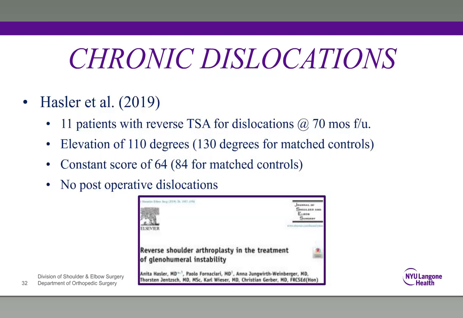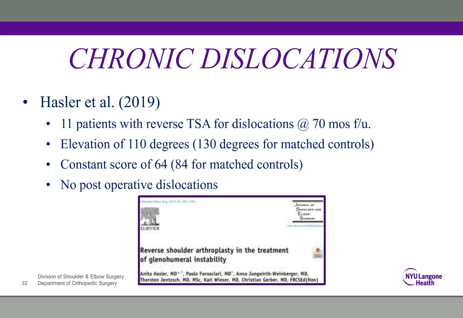This year, Christian Gerber wrote about his experience with 11 patients who were treated with reverse replacements for a chronic dislocation. He followed these patients for about 6.5 years and noted that the patients did fairly well. Now, they do have some controls. The matched controls were patients who were treated with a reverse replacement for rotator cuff dysfunction.